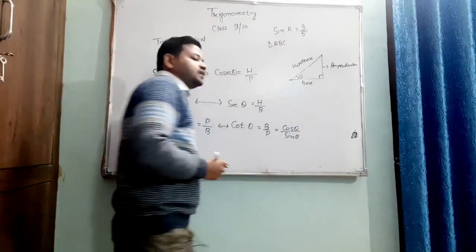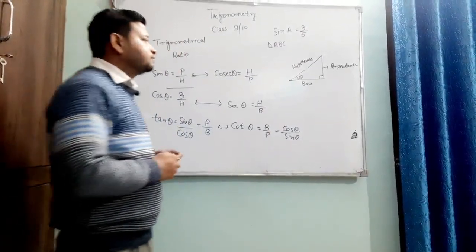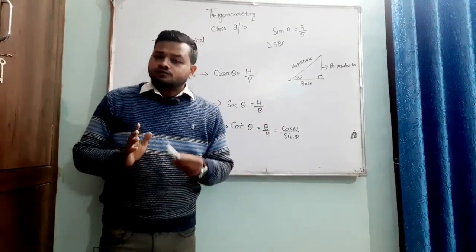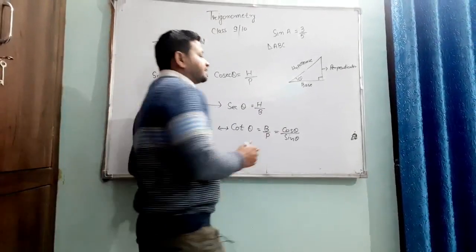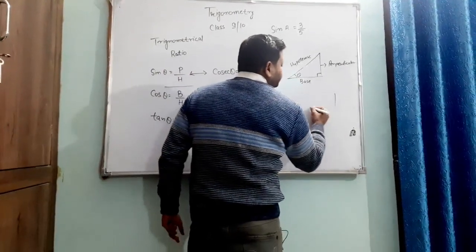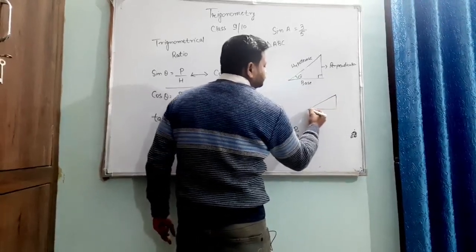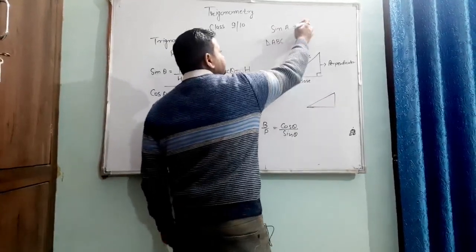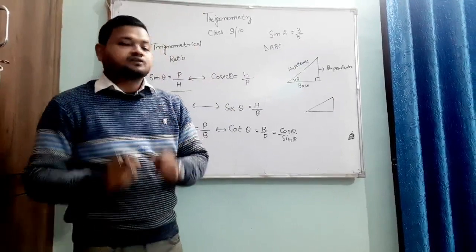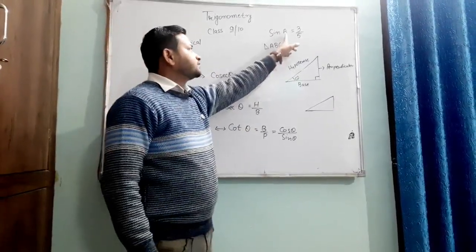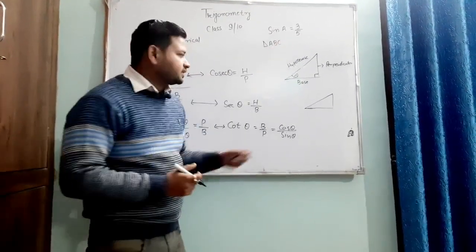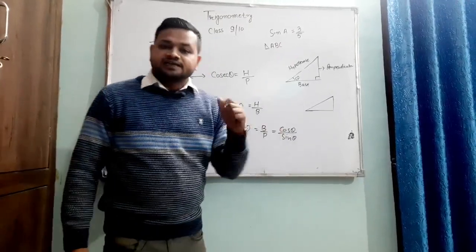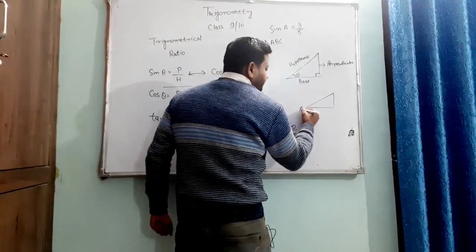Then we have to find all the other ratios. How will you find them? First of all, you have to draw a right angle triangle. Now listen carefully. The angle given with the ratio, you have to take at the left side or right side. So we will take A here.